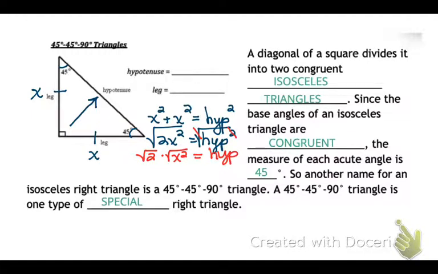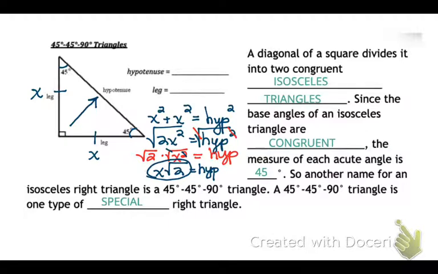So if we keep simplifying here, then what we're going to see happen is that I'm left with just x, which in this case is your short leg, times the square root of 2 equals the hypotenuse. That is always going to be true for every single 45, 45, 90 triangle.